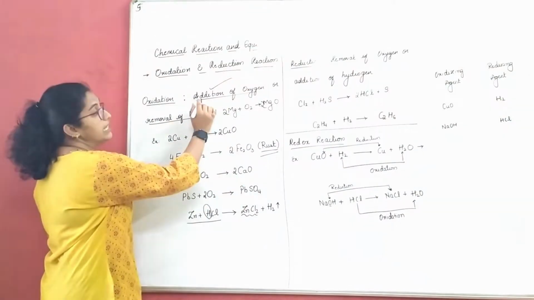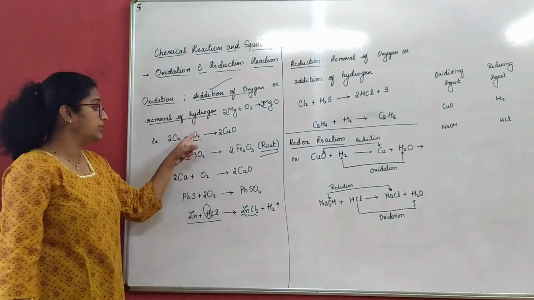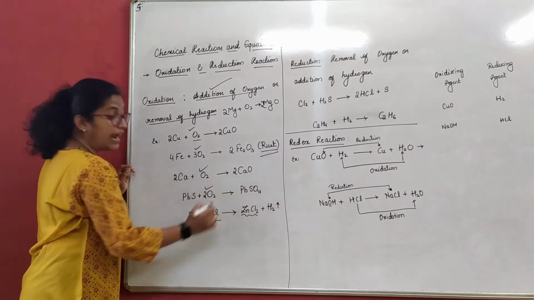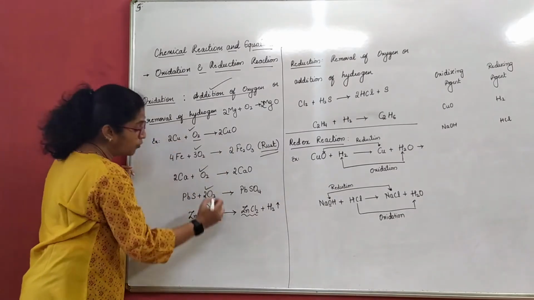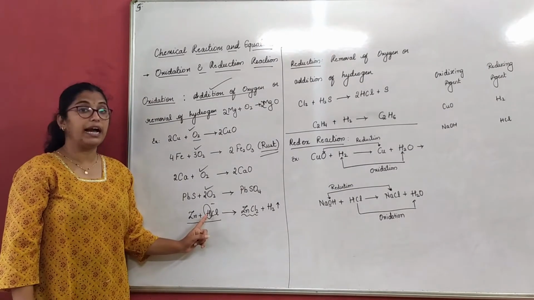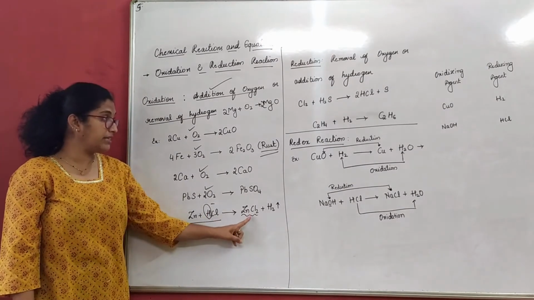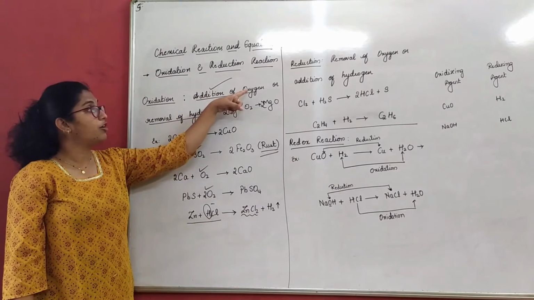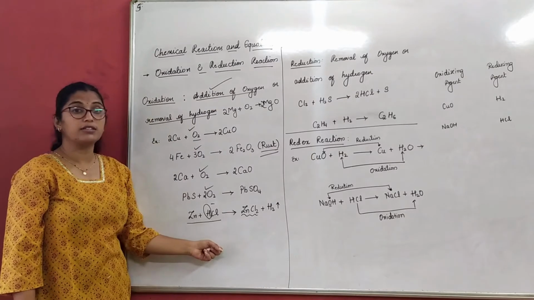So what does this tell? Addition of oxygen. First reaction, addition, addition, addition and addition. Removal of hydrogen, I will just write minus here. That means I am removing hydrogen from this. That is why I am getting zinc chloride, which is called removal of hydrogen, or addition of oxygen is called oxidation.